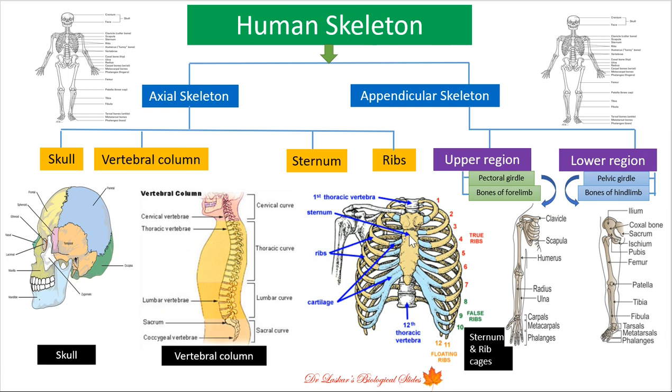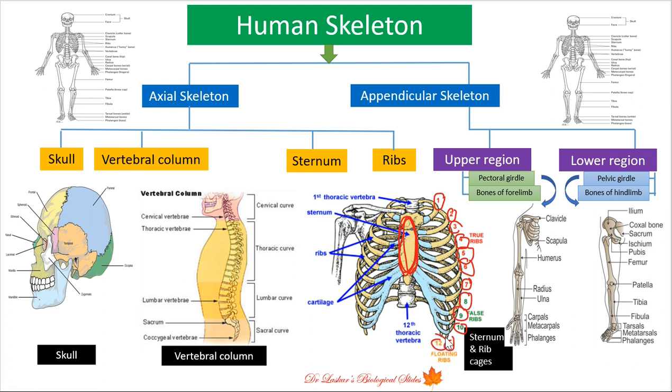Sternum is a flat bone. This is the sternum, a flat bone on the ventral midline of the thorax. There are 12 pairs of ribs: 1, 2, 3, 4, 5, 6, 7, 8, 9, 10, 11 and 12.